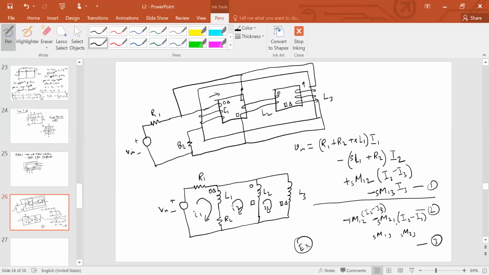And M21 should be I2 minus I1. Excuse me, that was a mistake. Because the influence of 1 on 2 is due to the current flowing through inductor 2, which is I2 minus I3. And the influence of inductor 1 on inductor 2 is due to the current flowing through inductor 1. So that is I2 minus I1.